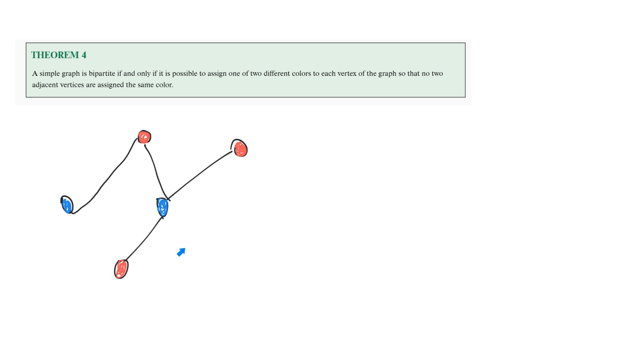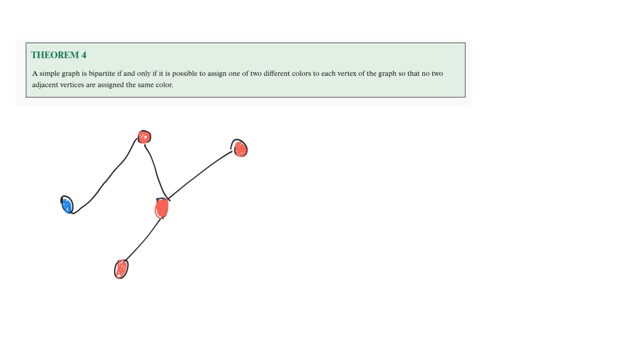For instance, here, this is a coloring which is valid by the definition of the theorem. But if I had instead colored this one here red, then we have now three edges with the same color on both endpoints, and therefore it's not valid by the definition.